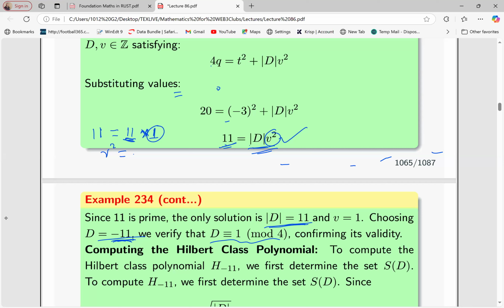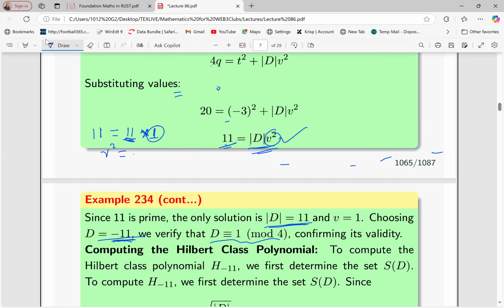So at this point, you may want to have Rust code that gives you the square root in some fields. So 11 could have a square root in some fields, but in our case, it doesn't.